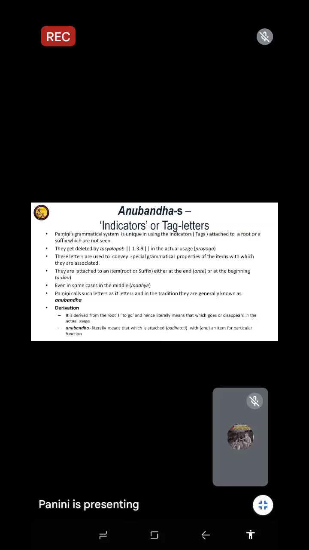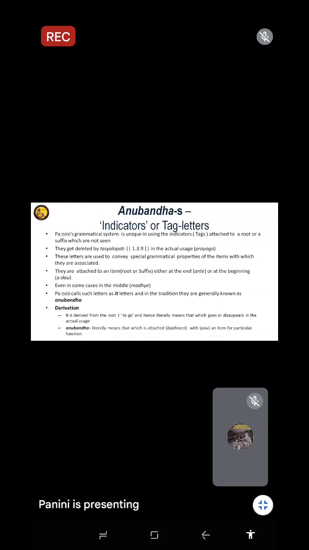Panini made this grammar some thousands of years ago. Just think how advanced he was, and how deep a knowledge one must have to make use of tags to communicate the whole complexity of language.